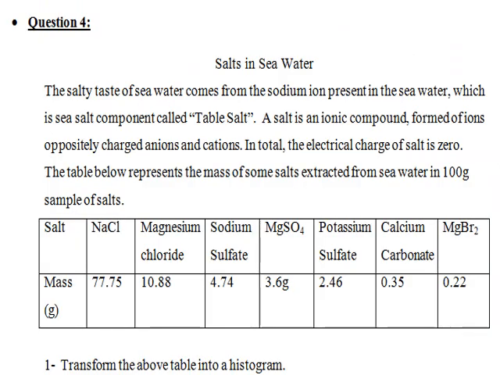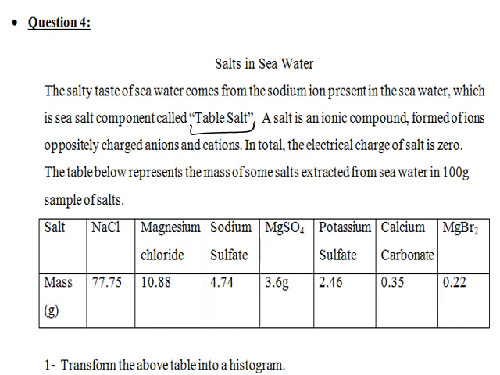Moving to question number 4, salt in sea water. The salty taste of sea water comes from the sodium ion present in the sea water, which is a sea salt component called table salt. A salt is an ionic compound formed of oppositely charged anions and cations. In total, the electric charge of salt is 0.